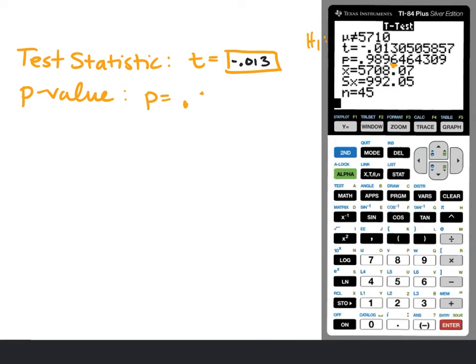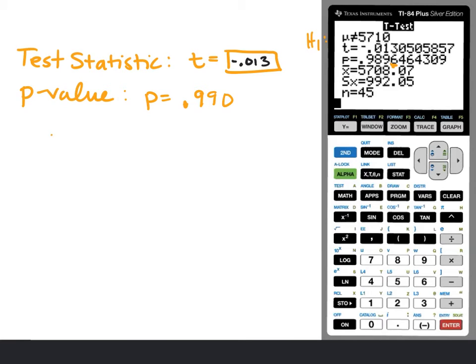So that's going to be 0.990. And of course, that is a very large p-value, which is probably not too unusual to expect, considering we weren't even 2 kilojoules per day off from what we expected. So this hopefully isn't very shocking or surprising.